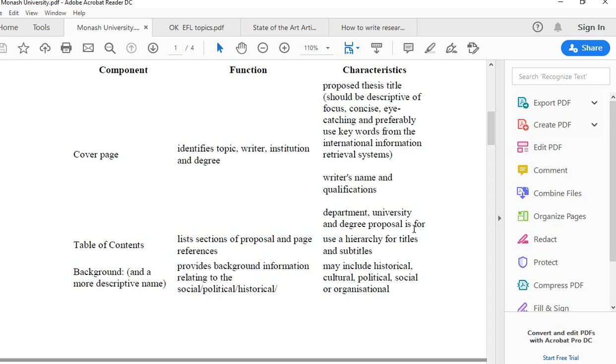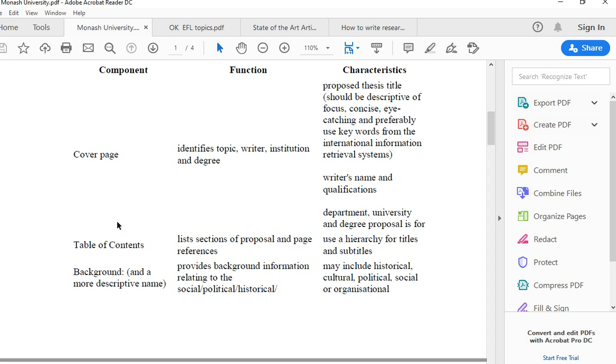For example, you write English Language Department, Imam Azhar International University, and the degree. This is a proposal submitted to the English Language Department of this university for partial fulfillment of the requirements of master's degree or MA degree.